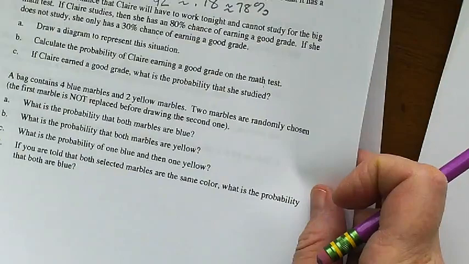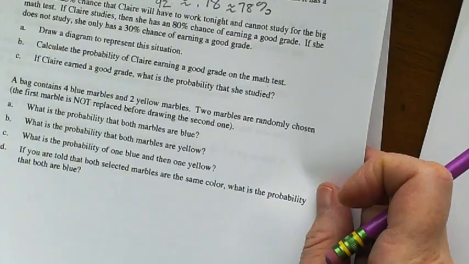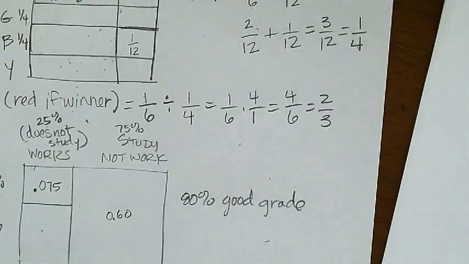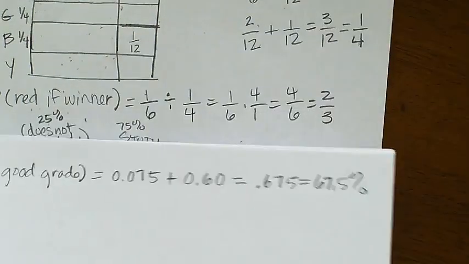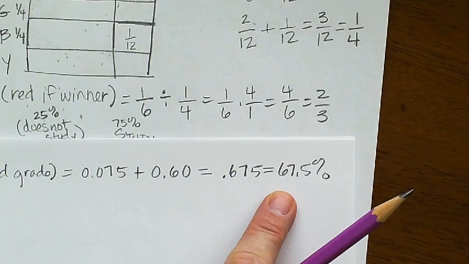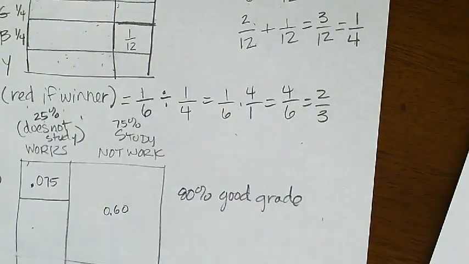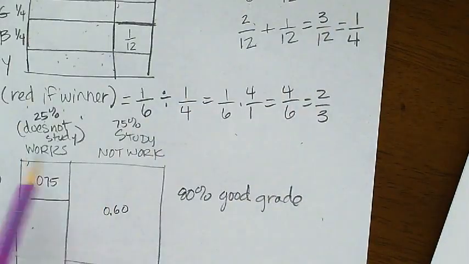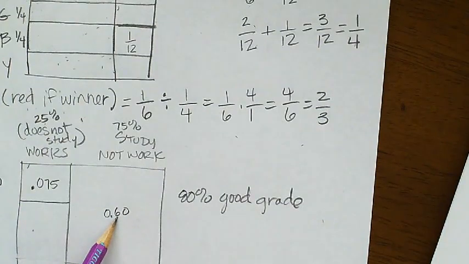She got a good grade, what's the probability that she studied? Okay, so the probability of her getting a good grade is 67.5%. So the probability that she studied is 60%.